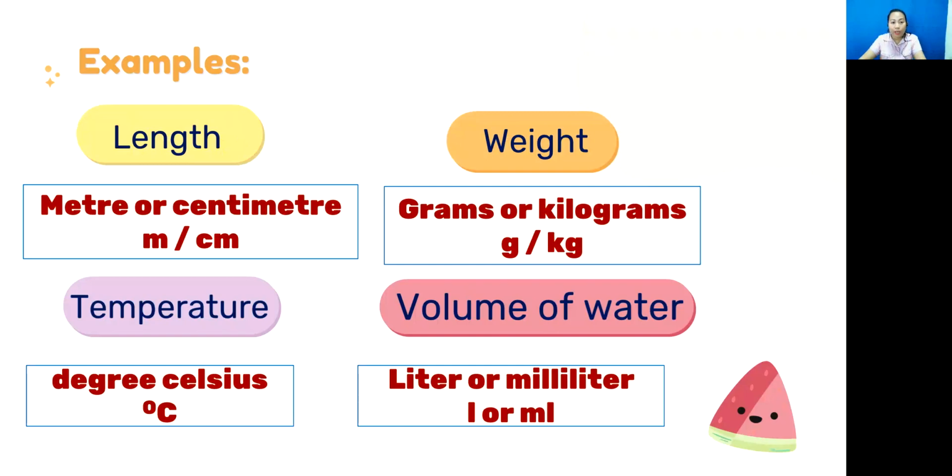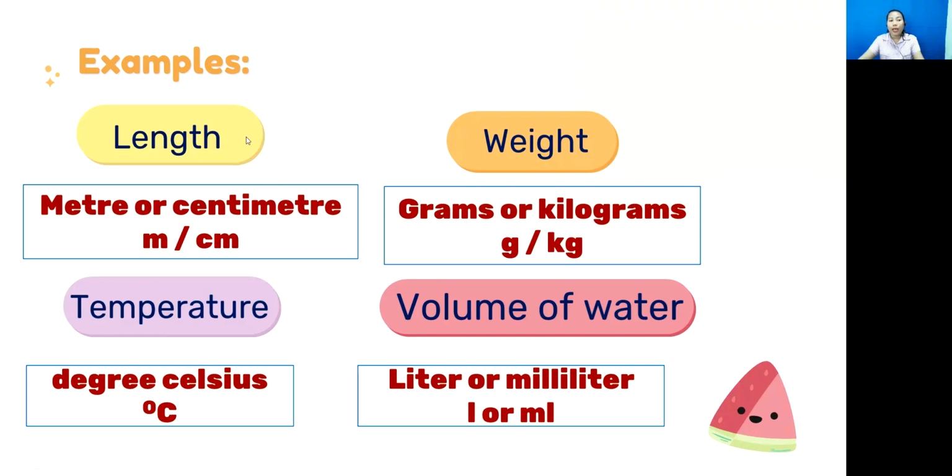Okay? If the object or the thing is long or short, or tall or short, we use meter or centimeter, or cm. So we measure length and we use the unit as meter or centimeter.